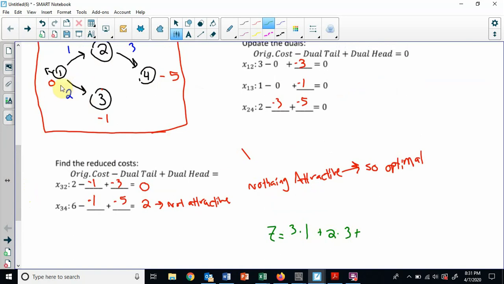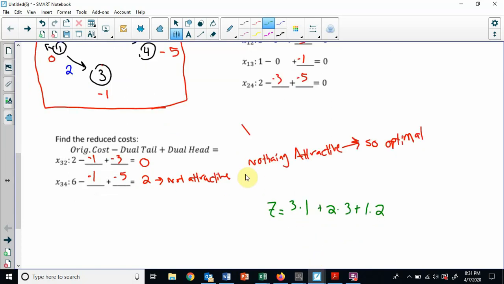And then finally, what was the cost on 1,3? The original cost, if you look back, was 1, and we were flowing 2. So let's see, what is this going to be? That will be 3 plus 6 plus 2, so 11, if I'm adding correctly. So we get an objective function value of 11, whatever units we're in.